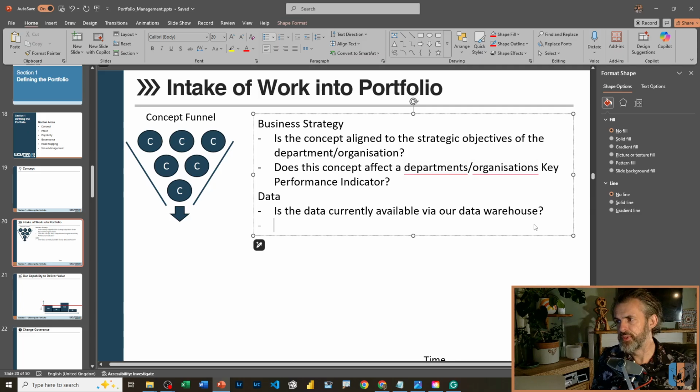If we're already ingesting data into the data warehouse, let's take our medallion standard. If we've got our bronze and our silver layers already established, there might not be a consumption layer or a gold layer that we can draw on.